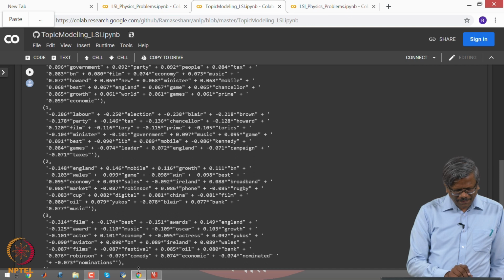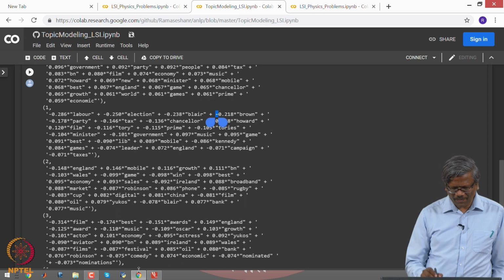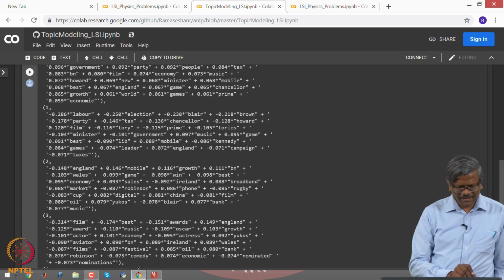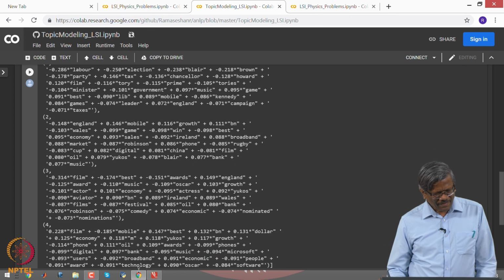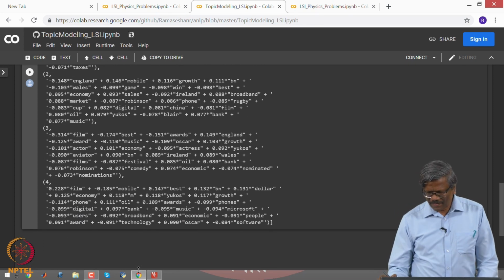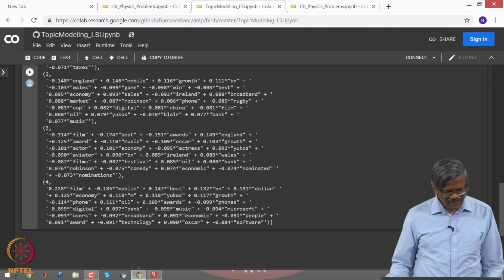So we have Labour, election, Blair. You see the values being small, right, in the negative side. So again, it is not very clear. It has not picked up the class very clearly.